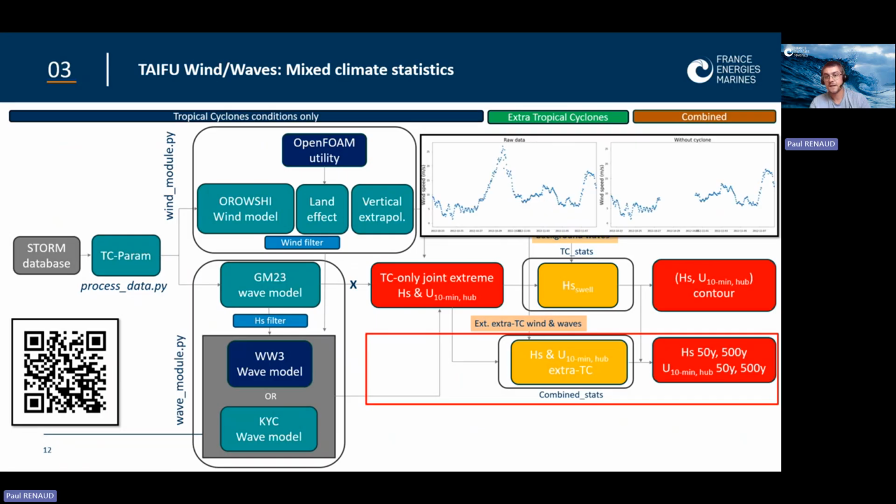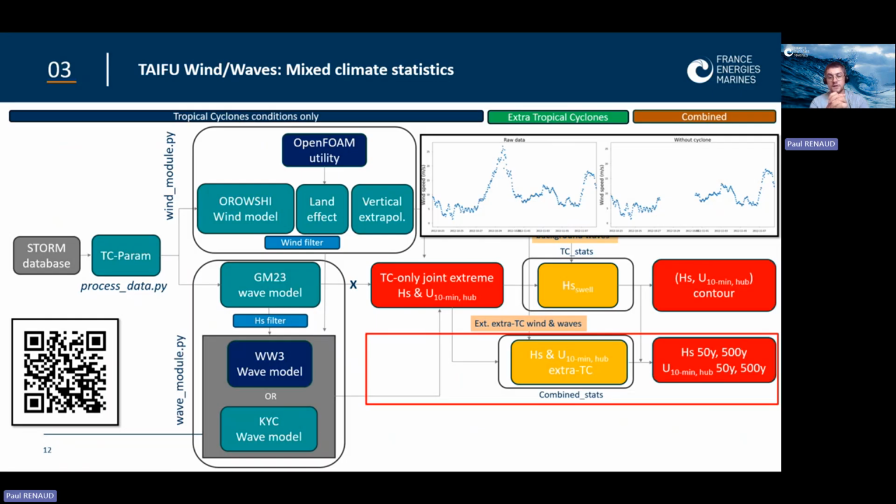So to do this, in the time series of wind speed and significant wave height, we remove the contribution of cyclones. In the ERA5 database, we first need to identify the periods at which the tropical cyclones occur, and then we remove them in the time series of wind speed and significant wave height.